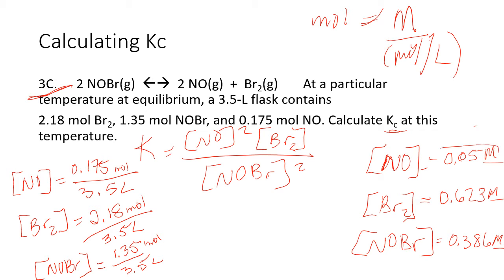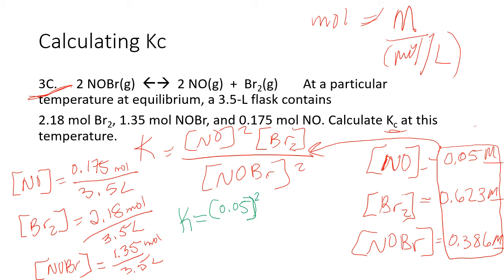Now all I have to do is plug these values into here. So K is now equal to 0.05 squared times 0.6323 over 0.386 squared.